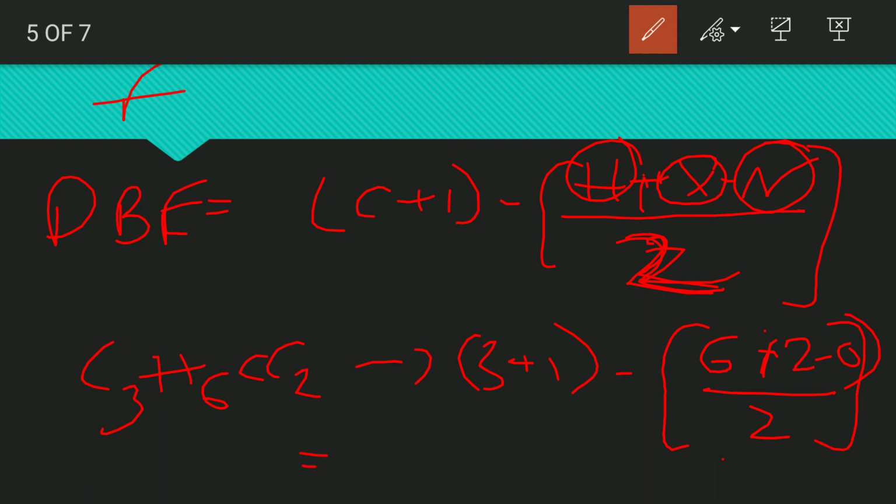That equals 4 minus 6 plus 2 is 8, hmm, 8 by 2 is 4. The DBE value of C3H6Cl2 is 0, right?